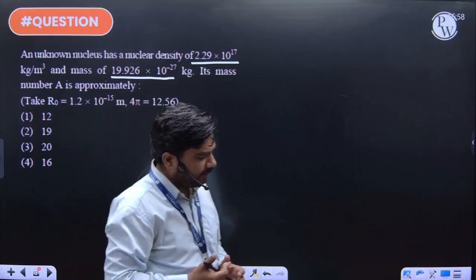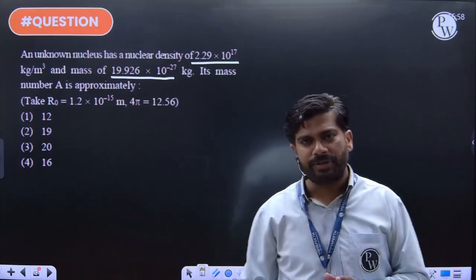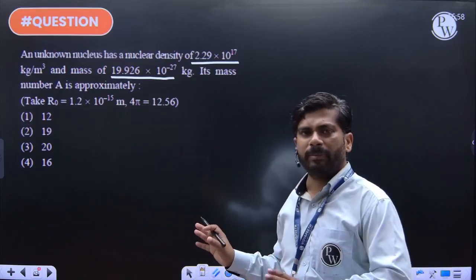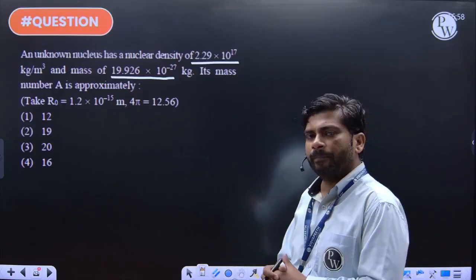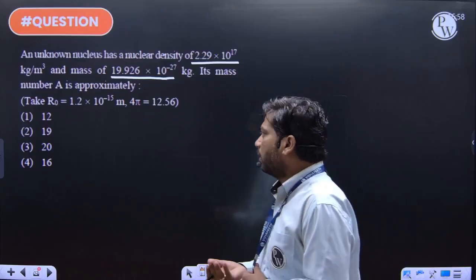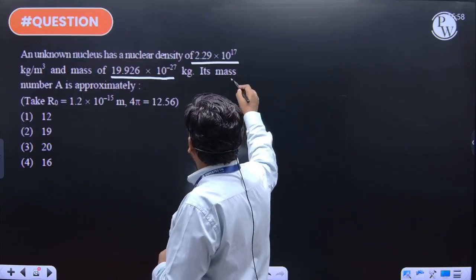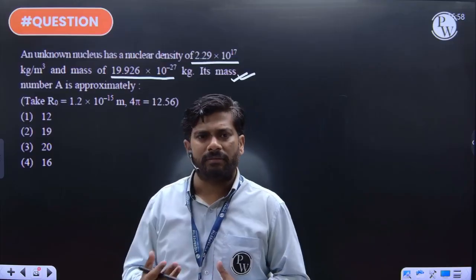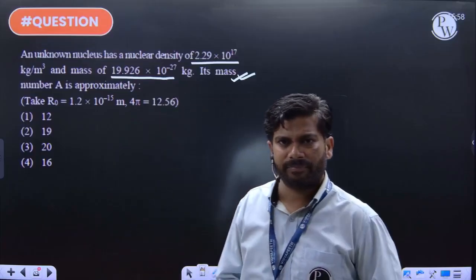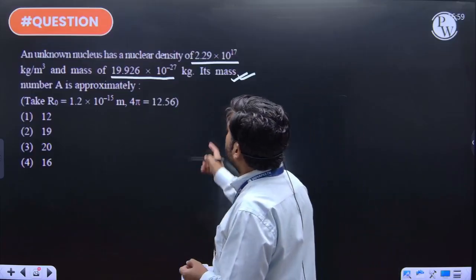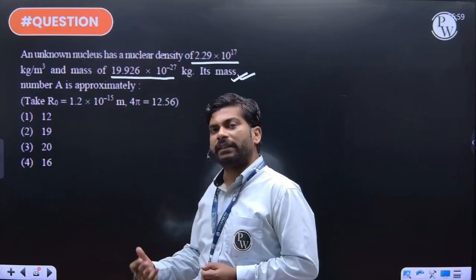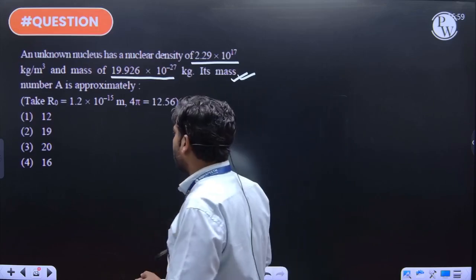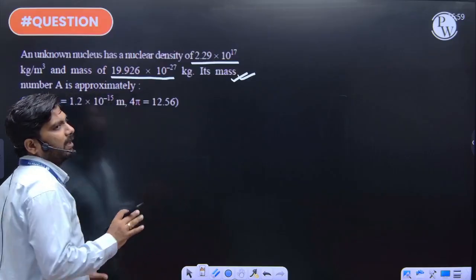When you are reading this question it is actually easy, but the calculation is more. So in the examination, I'll suggest you to do this question at last. Why? Because the calculation part is more, so it is a little bit time consuming. I'm not saying it is tough, but it is time consuming.